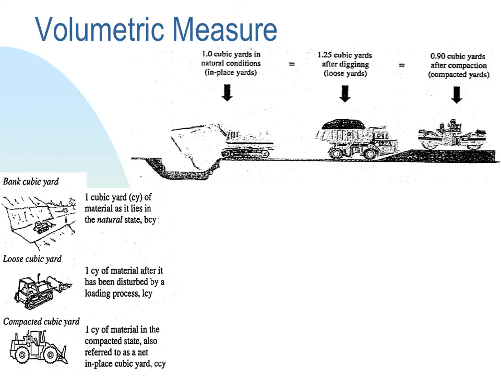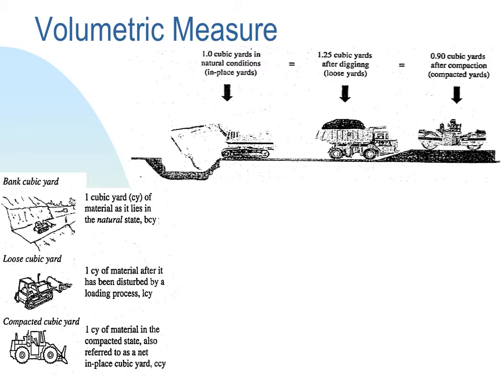And to review some concepts about volumetric changes of soil, imagine that you have 1 cubic yard of banked volume. So it's in its natural state. When you cut it, when you fragment it, and haul it on trucks, it will increase in volume. This is what we call the loose volume.